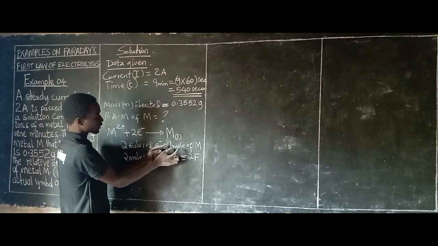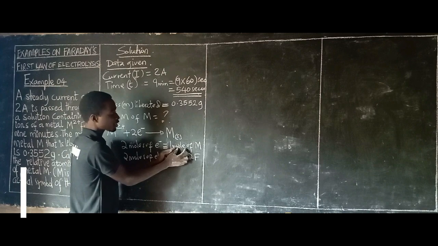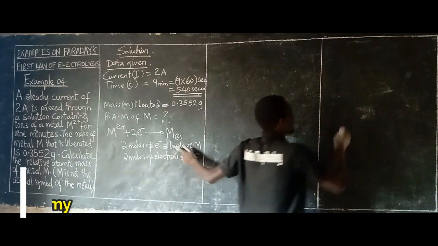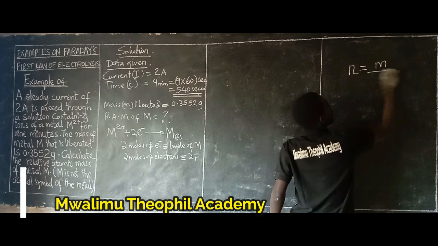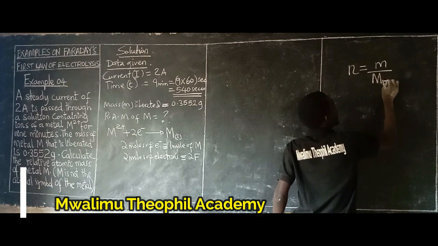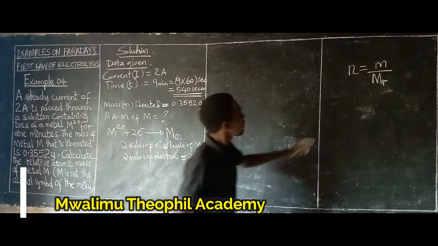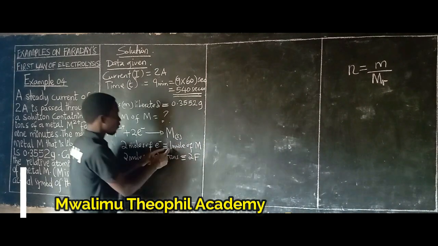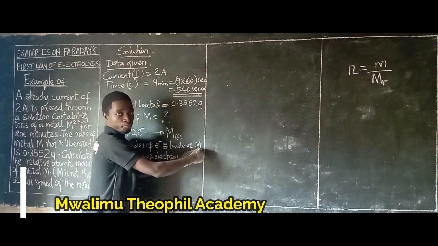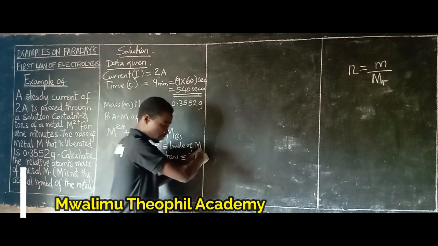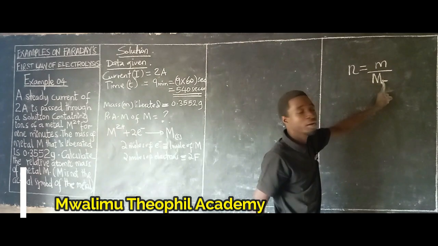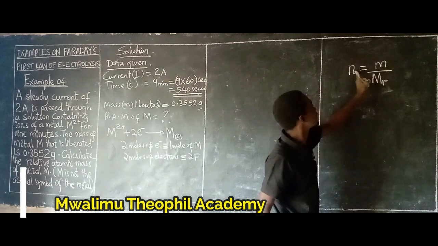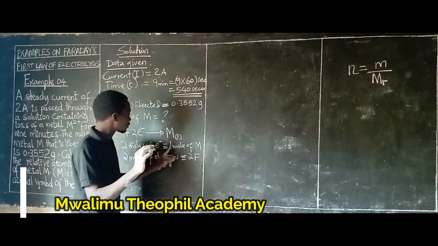Let us also relate the moles we have with the mass. Number of moles is equal to mass over molar mass. Now, here we have 1 mole of metal M. This indicates that the mass and the molar mass are equal, so the number of moles is 1.